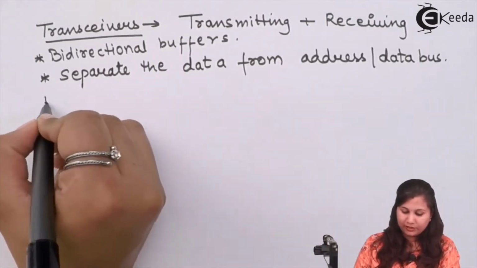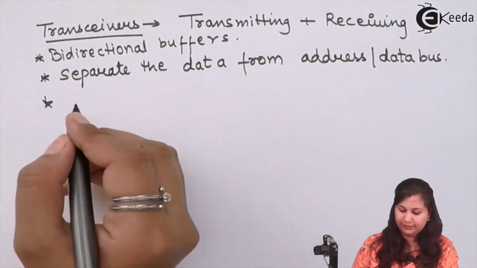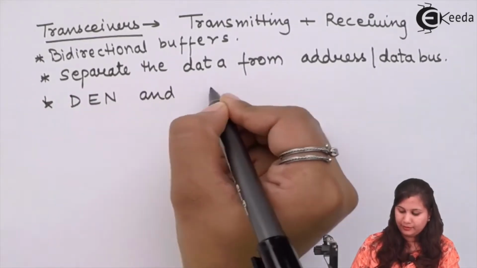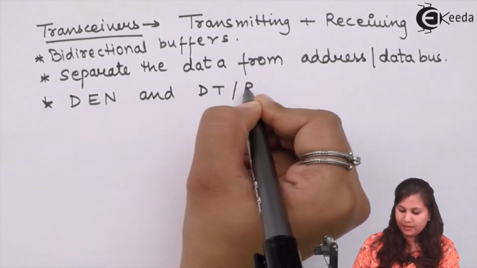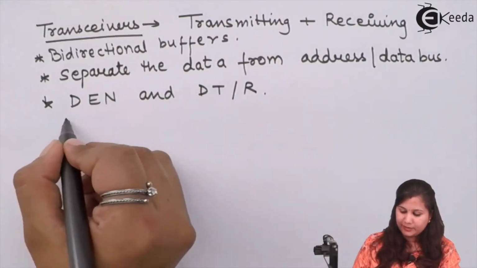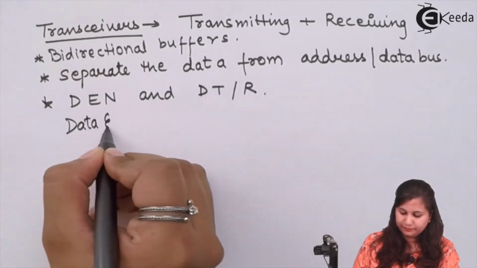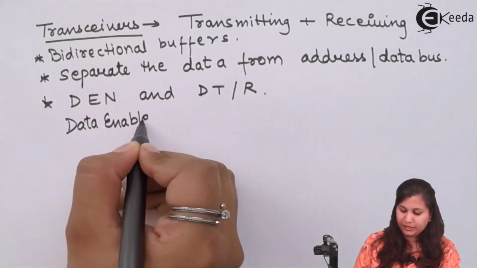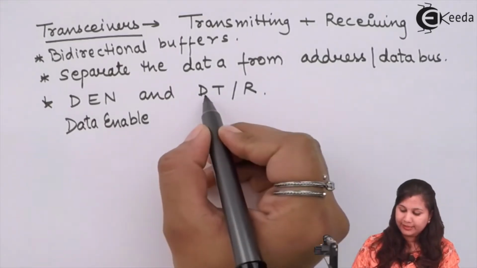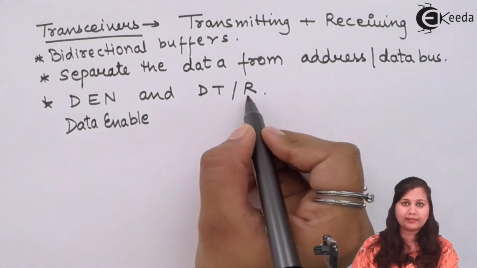Now these transceivers are controlled by two signals, DEN and DT/R. This DEN is for data enable. These are used to enable or disable the data buffers, and DT/R is for data transmit and receive.